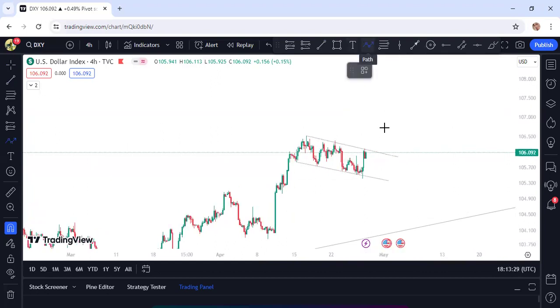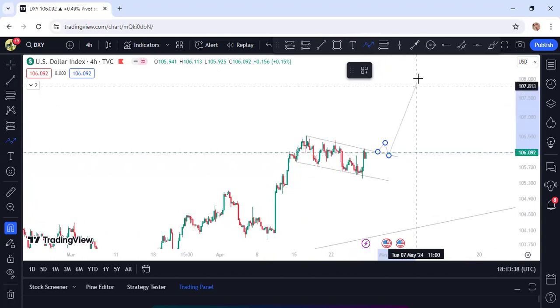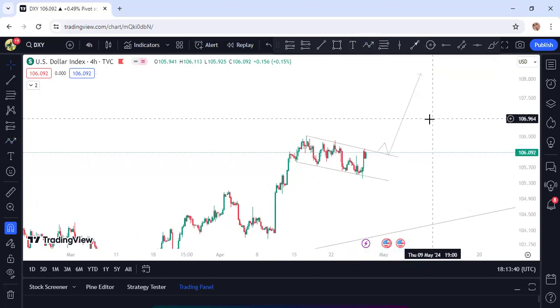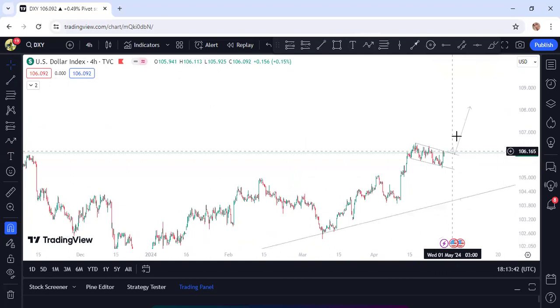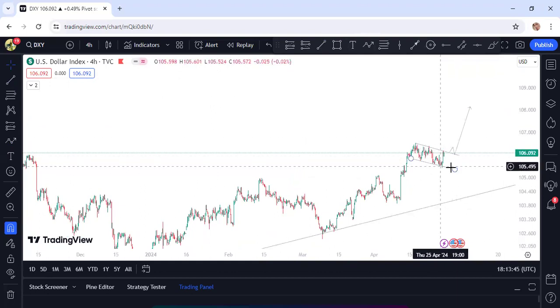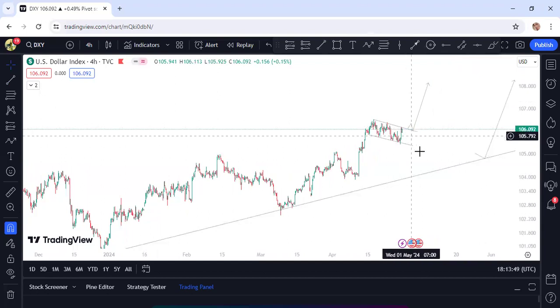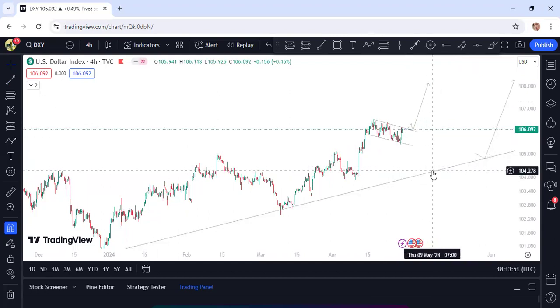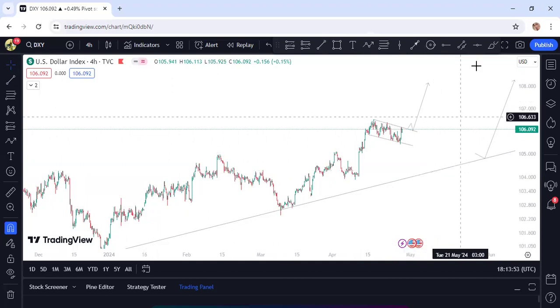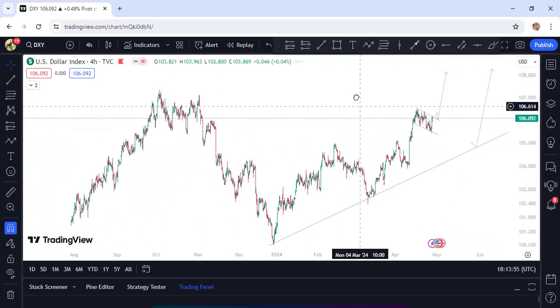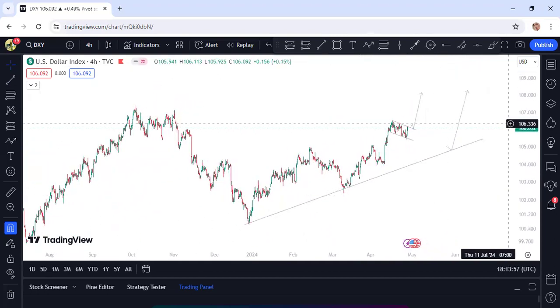After every consolidation, there will be an expansion. So what do we wait for? Wait for the break and retest of this flag pattern and continue the bullish move to the upside. So it's either we'll get the break and retest of this flag pattern and continue with the buys, or we wait for DXY to retrace back to this trend line and get a confirmation entry and continue with the bullish move. So this is my analysis on DXY.